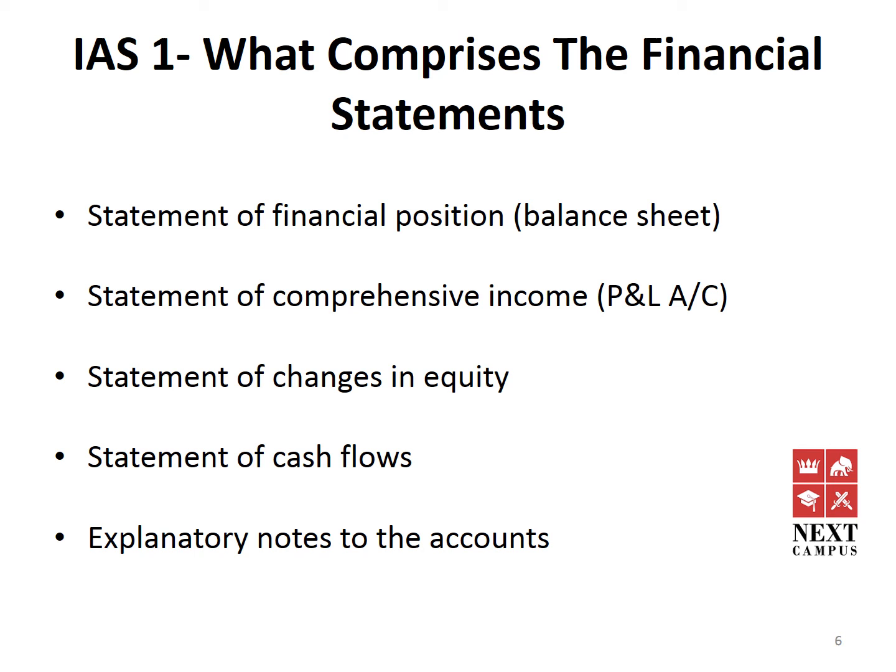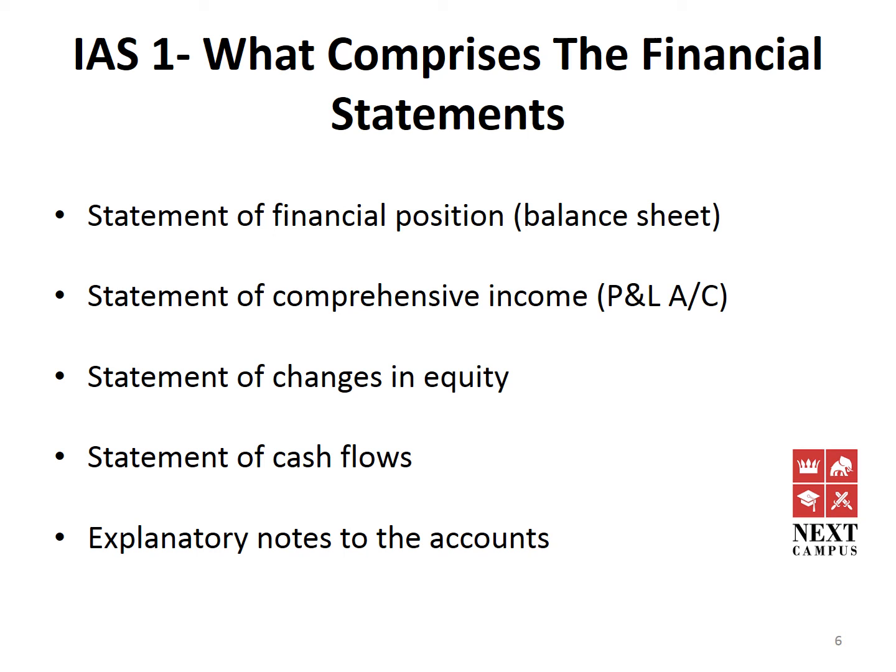Number one is the statement of financial position, generally called the balance sheet. The second one is the statement of comprehensive income. Financial position will show the assets, liability, and equity figures on a particular day, and the statement of comprehensive income will show the amount of profits earned per annum.